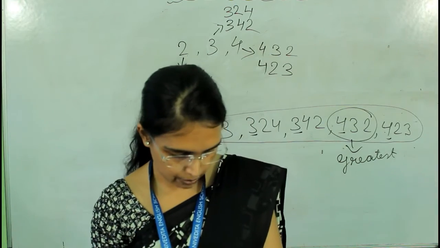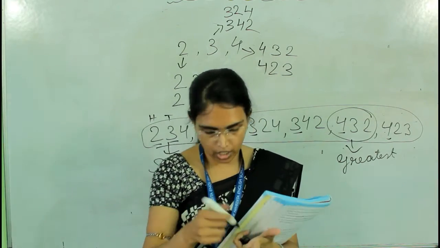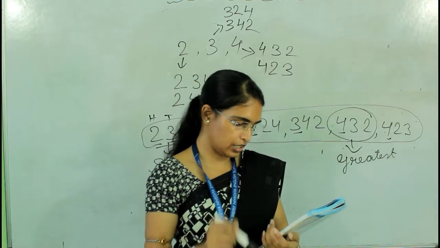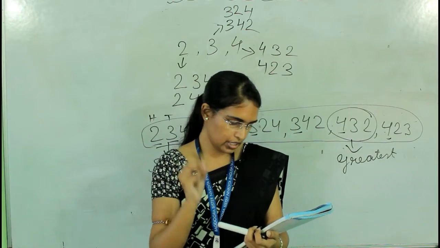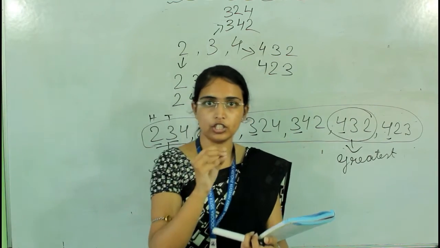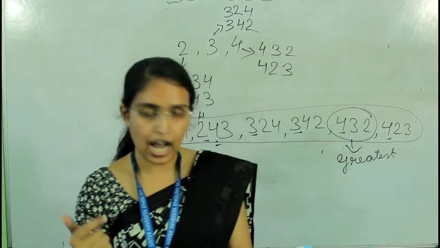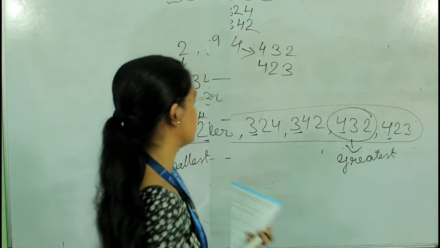Form 3-digit numbers with the given digits and arrange them in ascending and descending order. So we have 3 given digits, and with the help of these we have to make 3-digit numbers. Then we have to arrange these numbers in ascending and descending order.